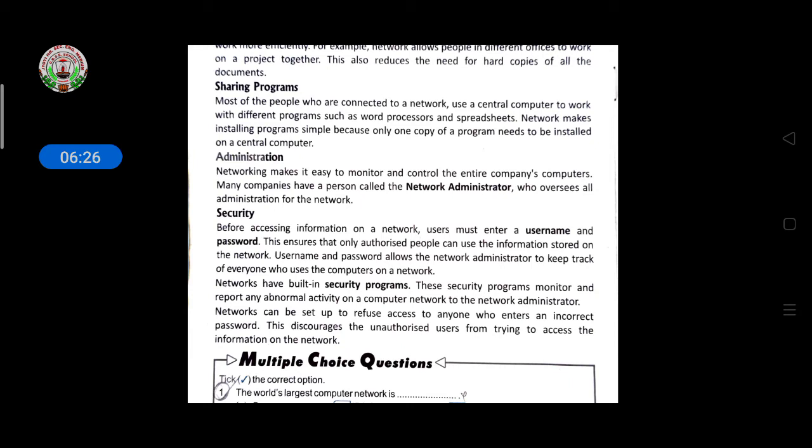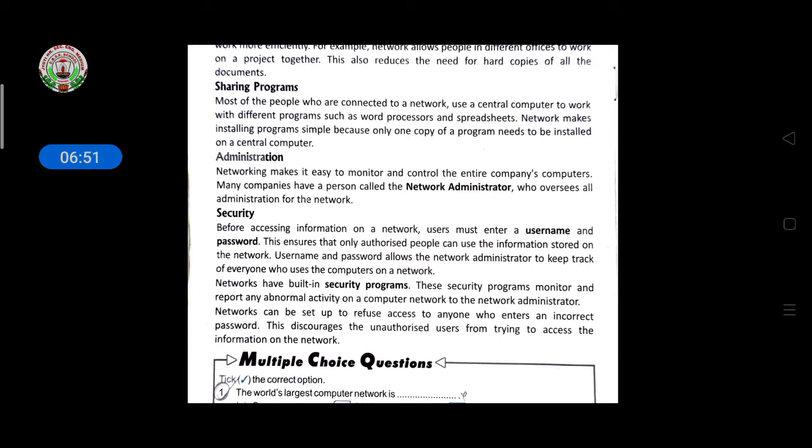So here, suppose in one computer you had stored all the documents, or you are doing a job in a company and you have your personal computer. First of all, you have to keep all your data secure. So you have to put the username and password in your computer.